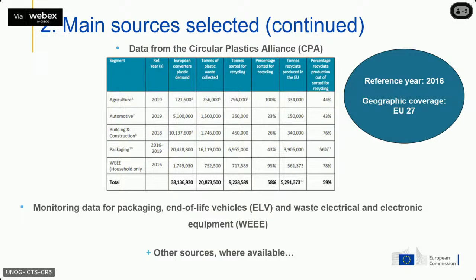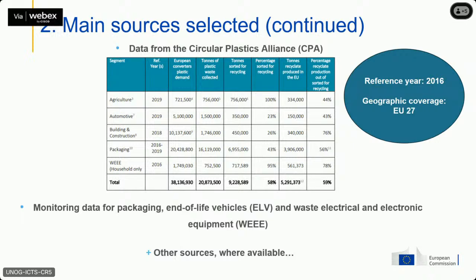And they call that the Circular Plastics Alliance. This is a way of explaining in simple words what this is. And they have their own numbers with a total of 38.1. If you see the bottom left figure, it is 38.1, which is not identical, but similar to the numbers that we were getting.